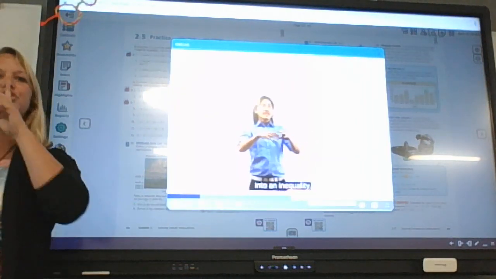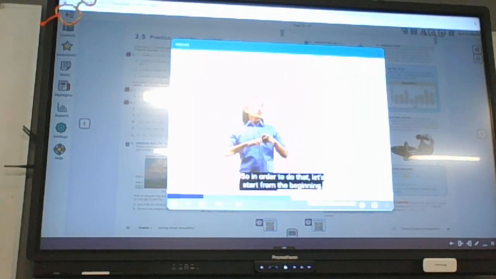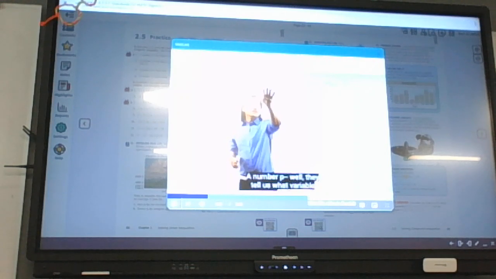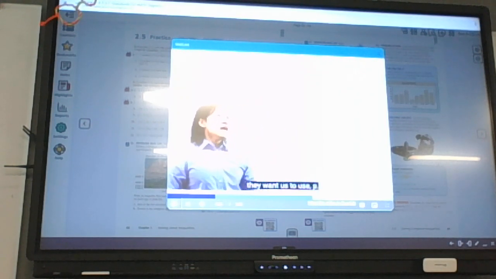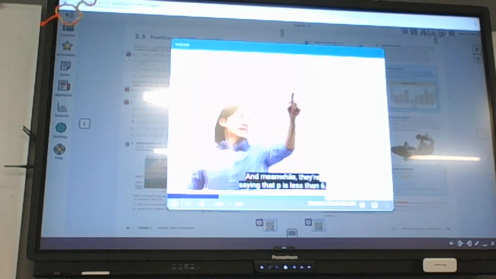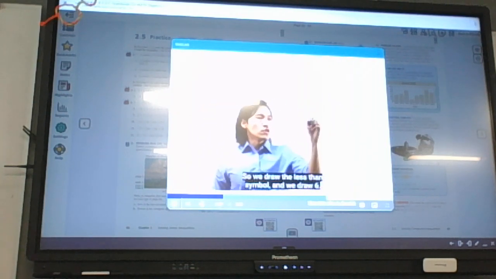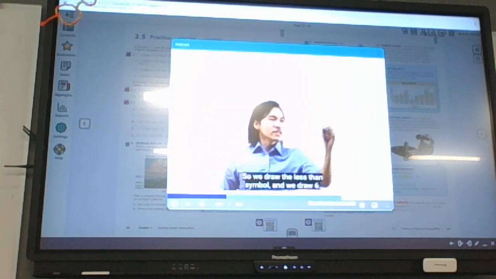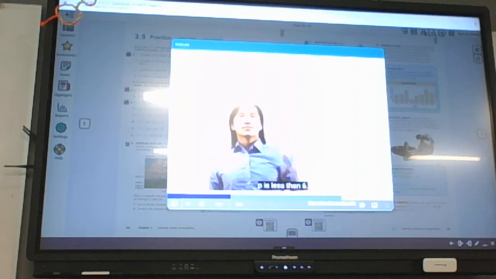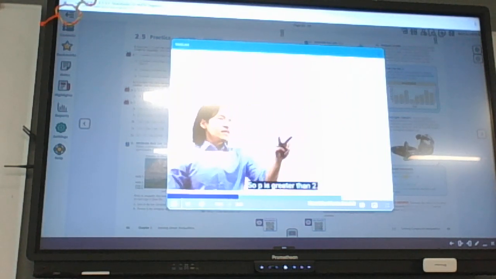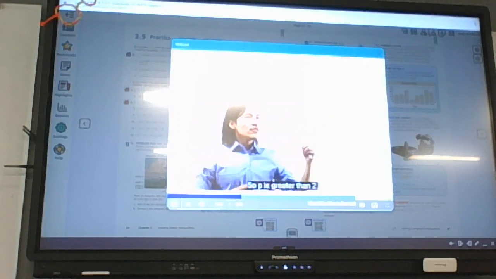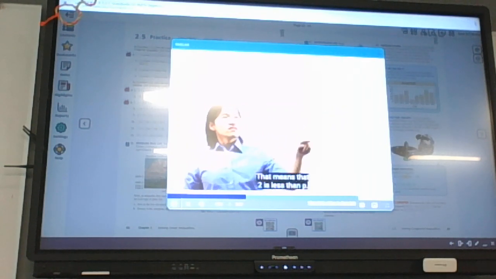So in order to do that, let's start from the beginning. A number p. They tell us what variable they want us to use, p. And they're saying that p is less than 6. So we draw the less than symbol, and then we draw 6. p is less than 6. But it's also greater than 2. So p is greater than 2, which means that 2 is less than p.